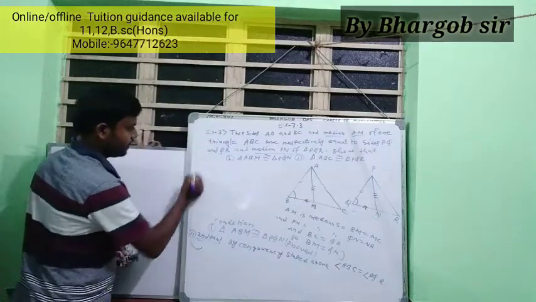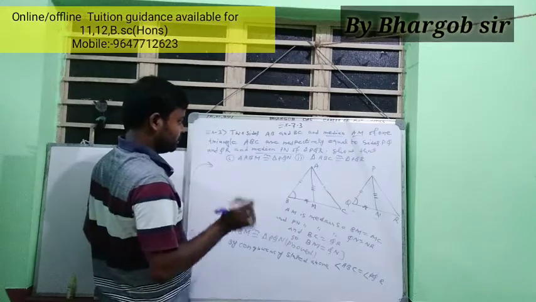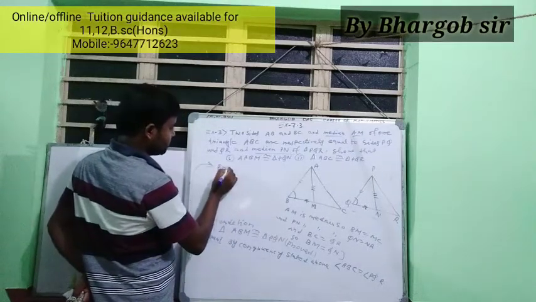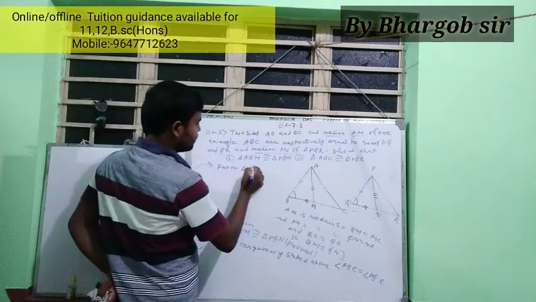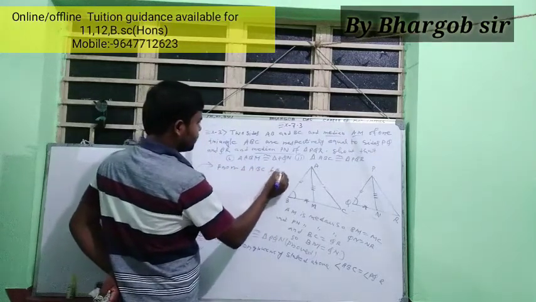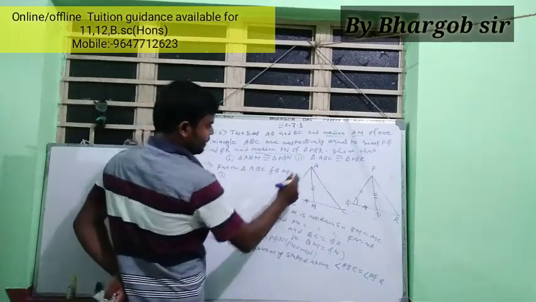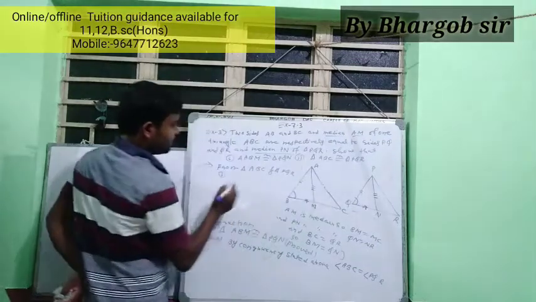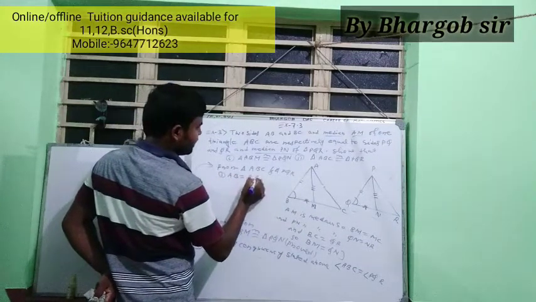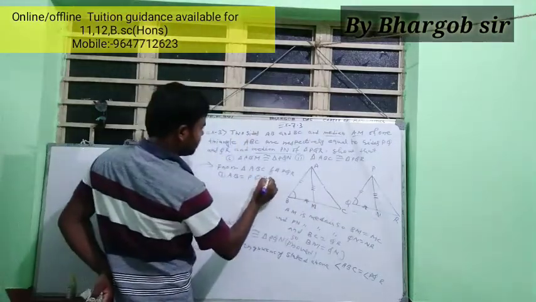So from triangle ABC and triangle PQR, number 1, AB equal to PQ, given.